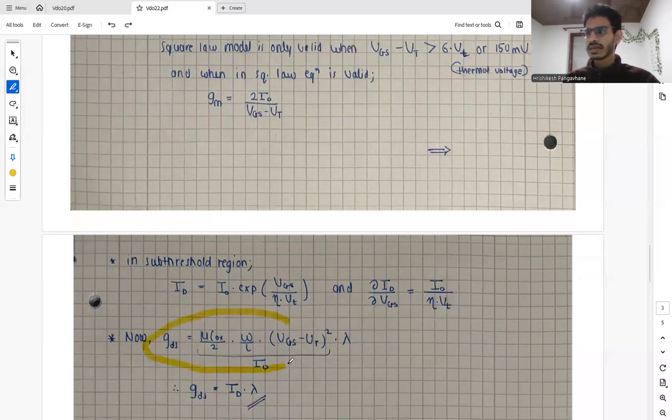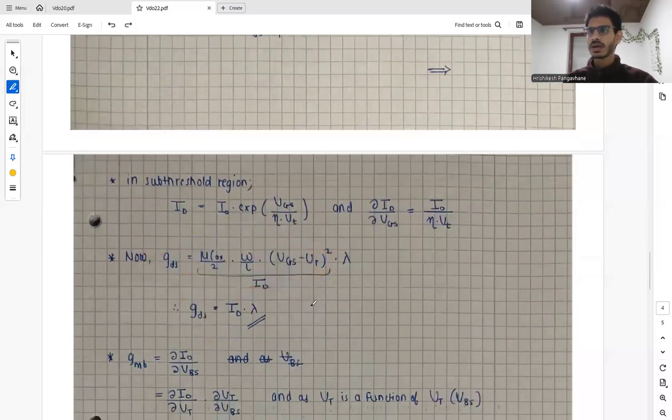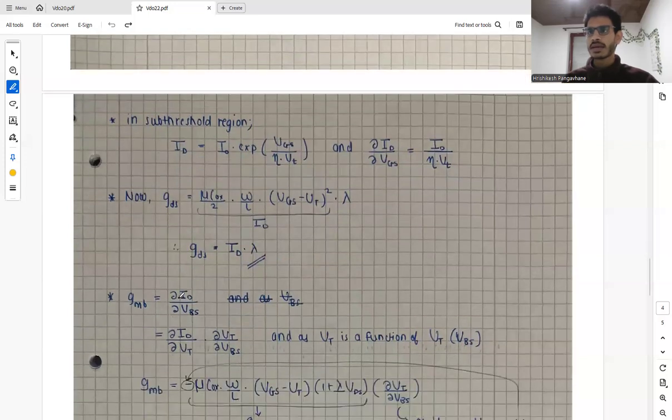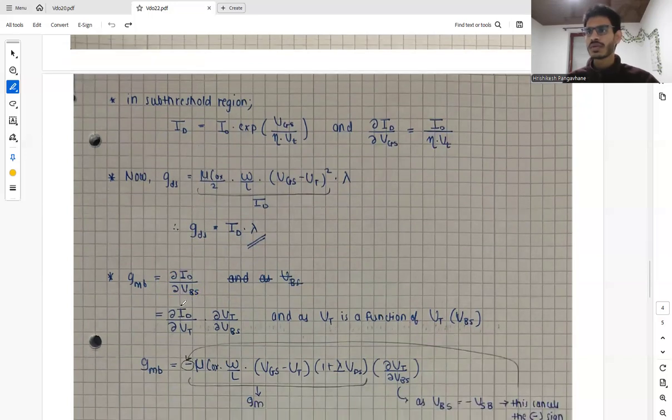So now gds is given by this value, and basically gds comes out to be ID times lambda. And gmb is nothing but ∂ID/∂VBS. So when we take a partial derivative of ID with respect to VBS, we arrive at this conclusion.